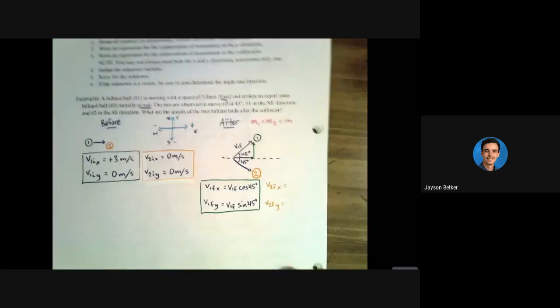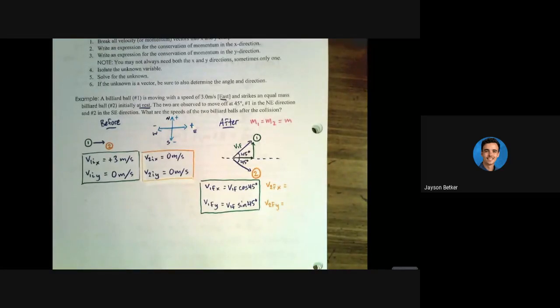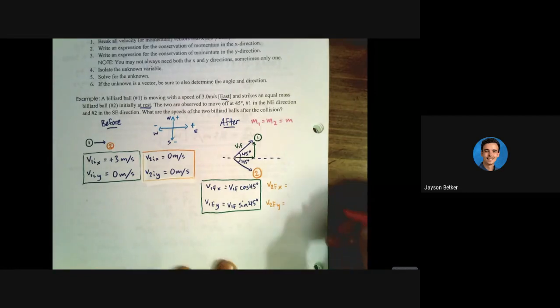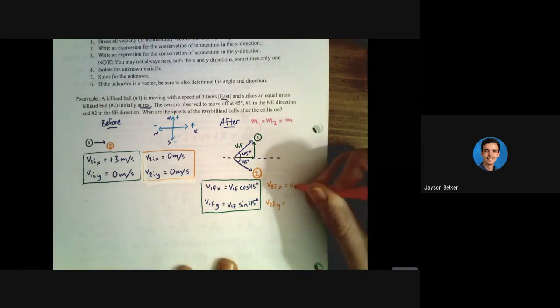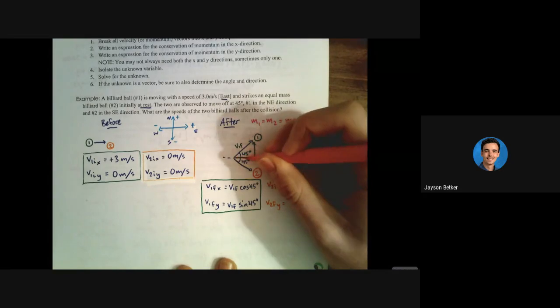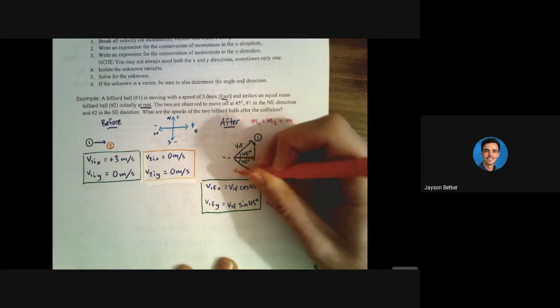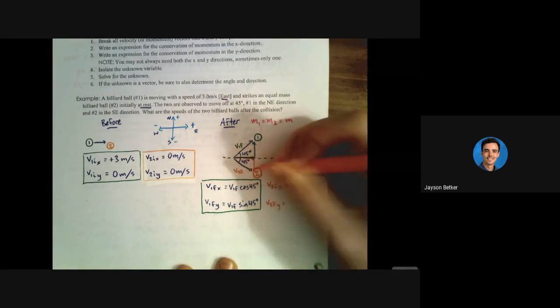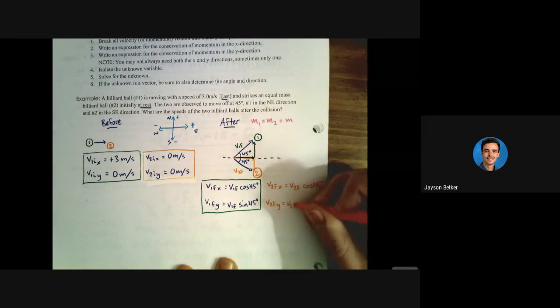Okay, well, that's a little bit harder to see over there. There we go. And what we have is a very, very similar scenario. We have V2Fx equals V2F cos 45. Remember, that's just this one right here. And then we'll have the Y direction, V2Fy equals V2F sine of 45.